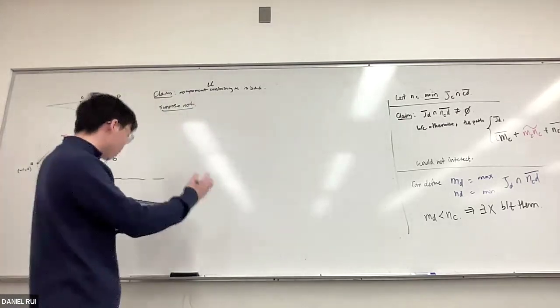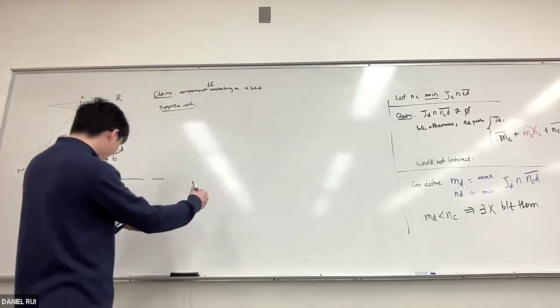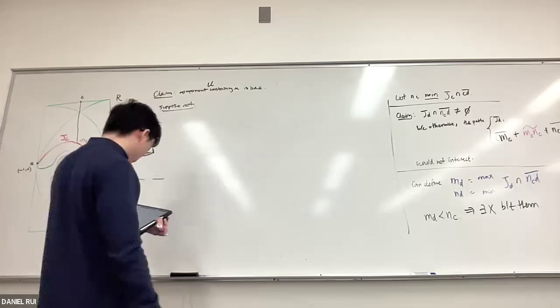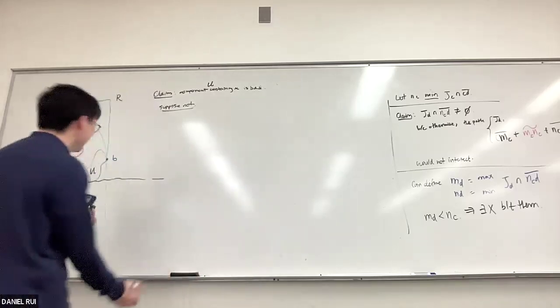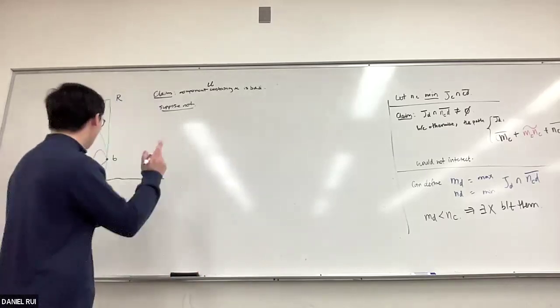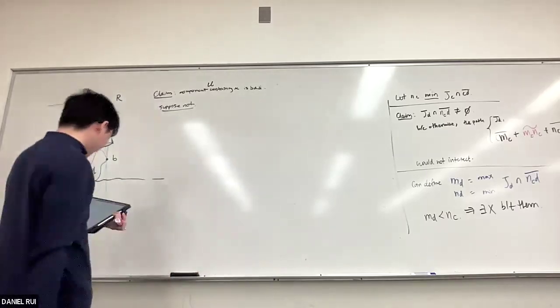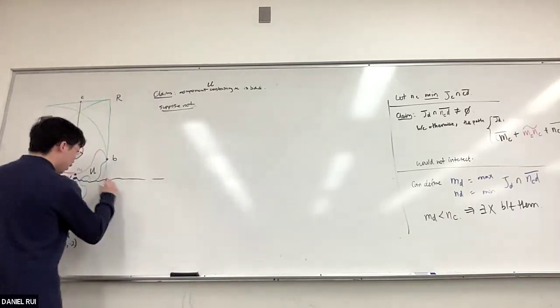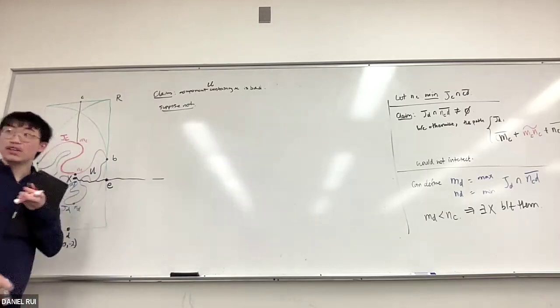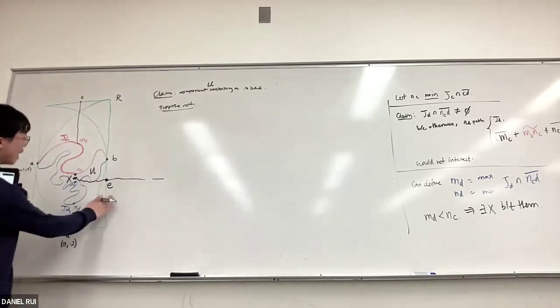And now I will construct a path that contradicts the intersection theorem. So very similar to this guy, it will consist of 5 pieces, but each of the pieces I will show does not intersect. Okay. So let me call this point E for edge. Okay, so E is on the edge of the rectangle.